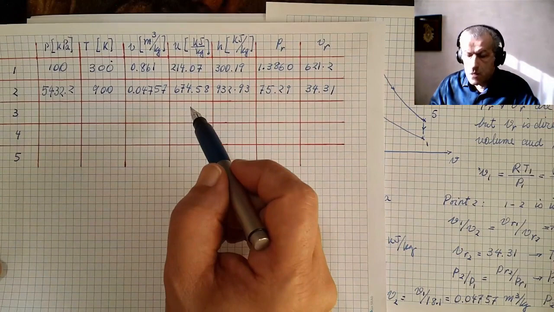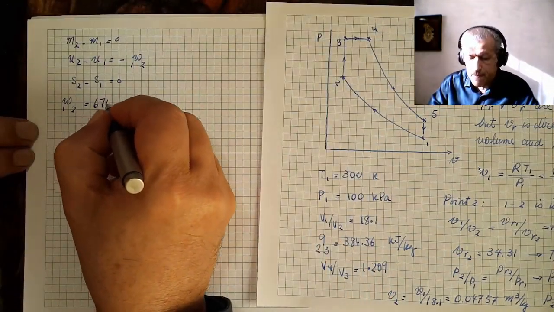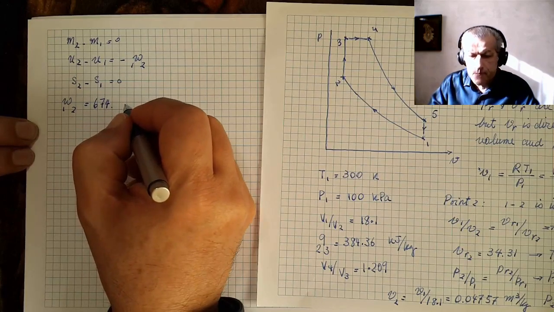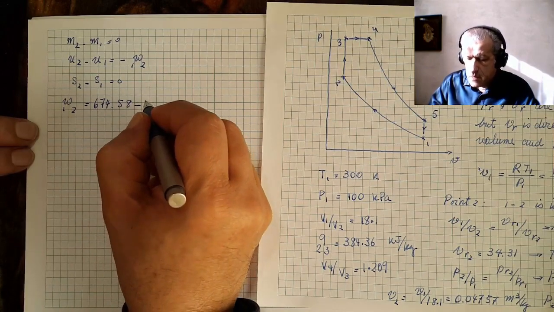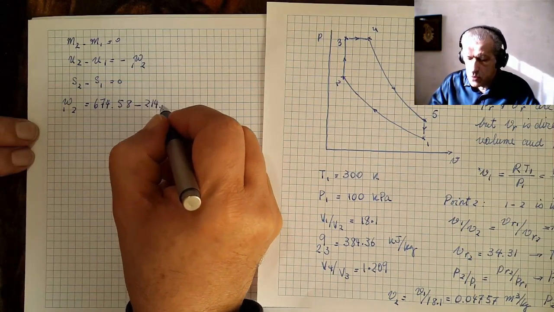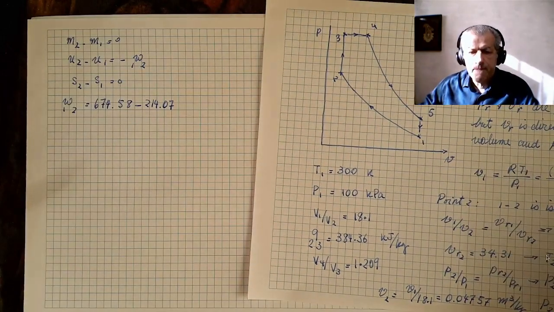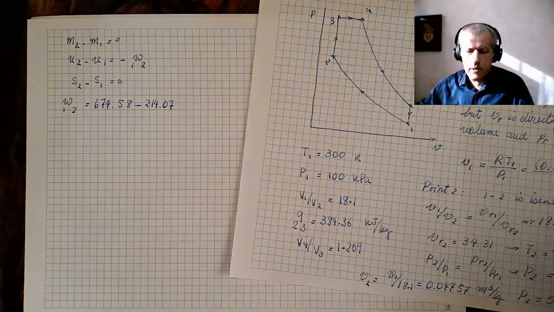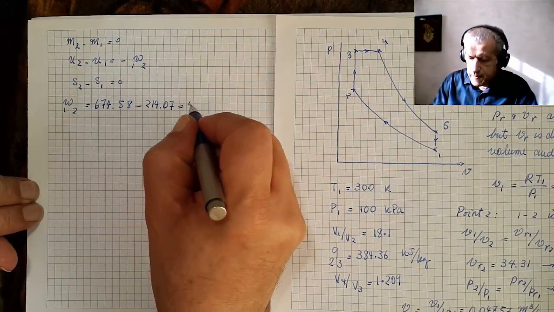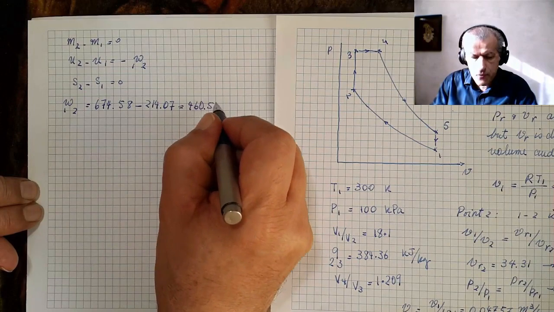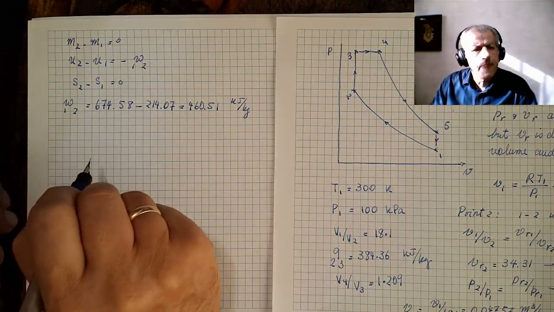It is 674.58 minus 214.07, and the outcome is 460.51 kilojoule per kilogram.